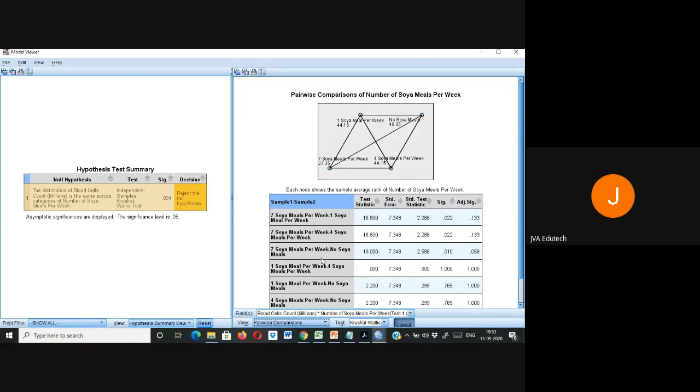So finally, you can say there was no significant difference in blood cells count between those eating one soya meal per week and those eating none. So only you can see the significant difference between 7 soya meals and 1 soya meal or no soya meals. There won't exist any significant difference between either the people is fed on no soya or one meal of soya in a week.